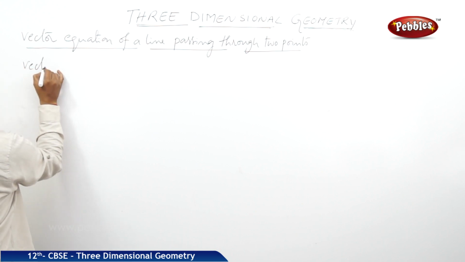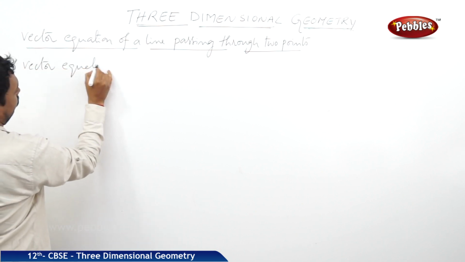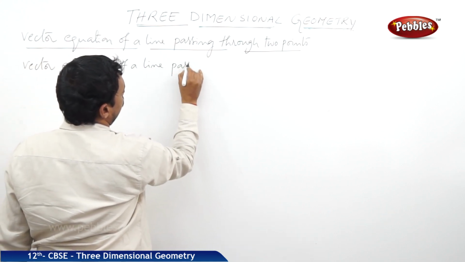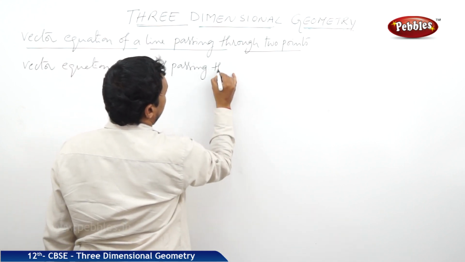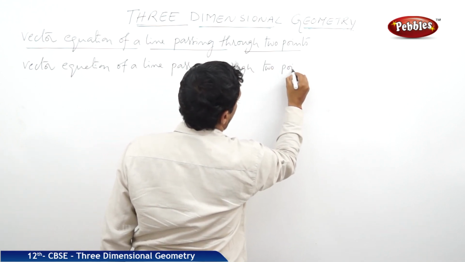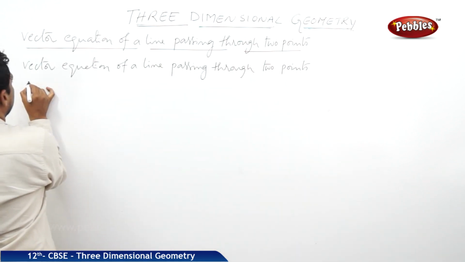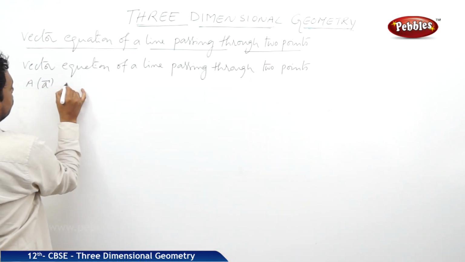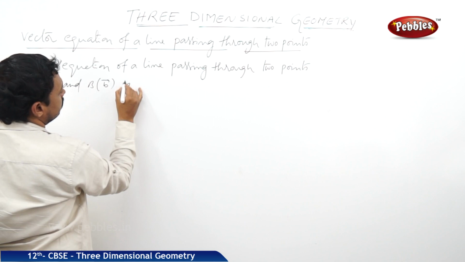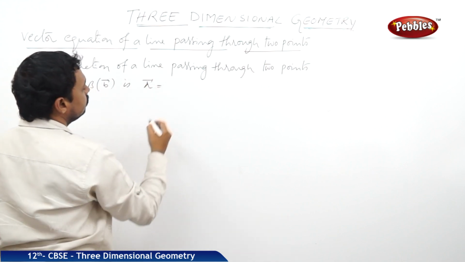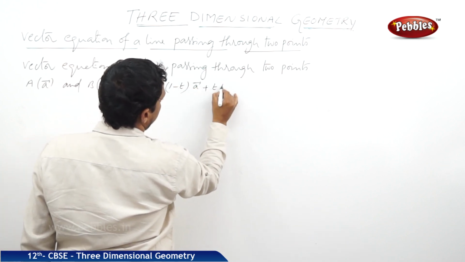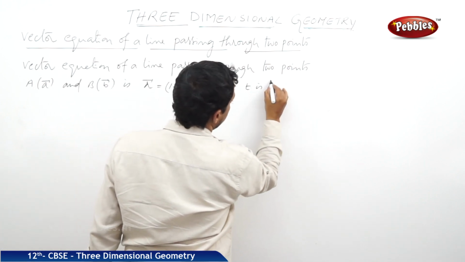The vector equation of a line passing through two points A with the position vector A bar and B with the position vector B bar is R bar is equal to 1 minus t into A bar plus t into B bar, where t is some scalar.